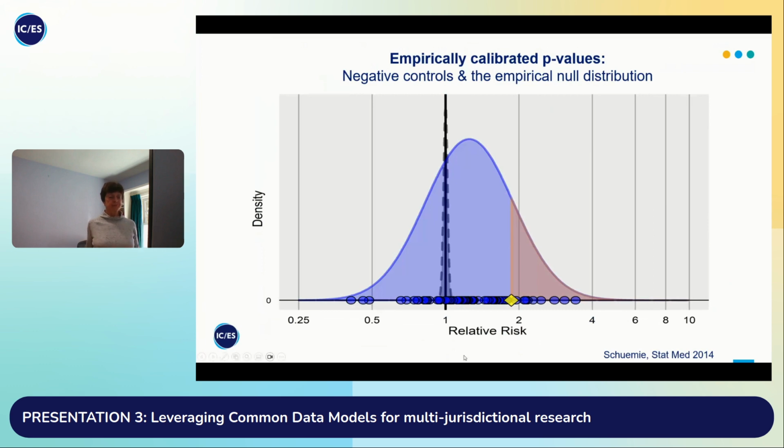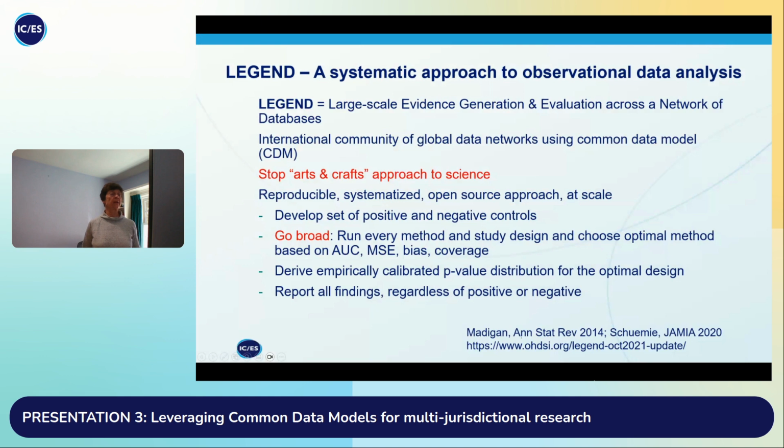So next. I'm just going to be brief now. So they documented the problem really well. It's actually something we all know about, but they've documented it superbly to show that, even if you're a skeptic, no, the problem is real. So they developed Legend, which they call large-scale evidence generation and evaluation across a network of databases.